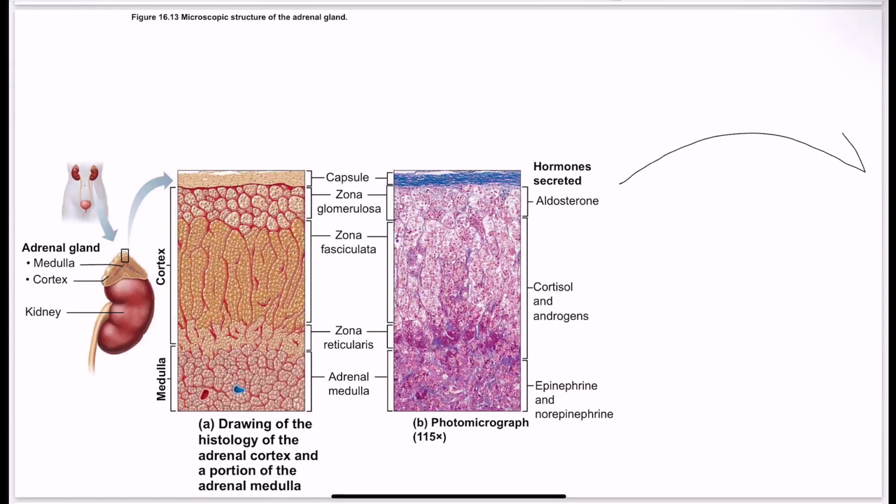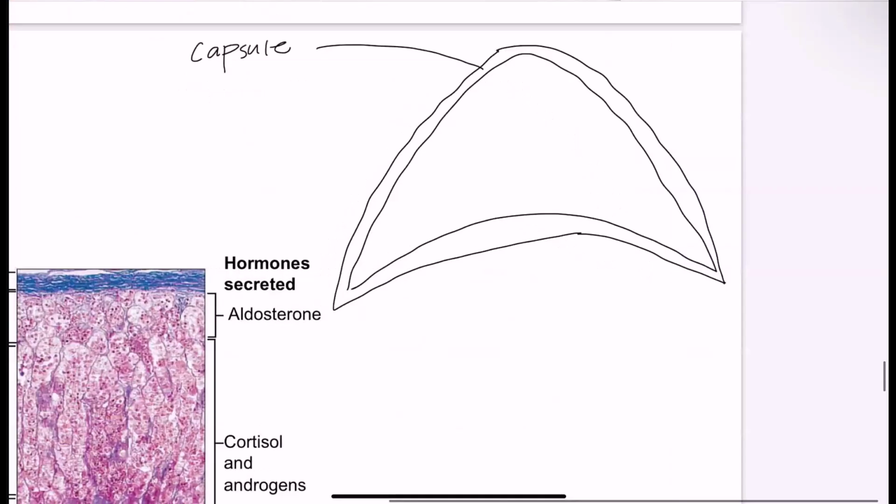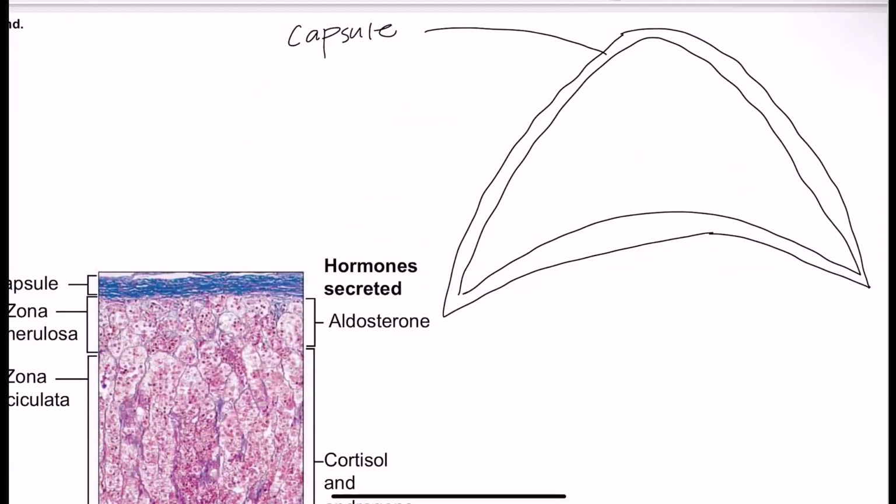So it kind of looks like this. The outside of the adrenal gland is called the capsule. Here, I'll zoom in. Then there's the cortex, which is the middle part, and the inner part is called the medulla.